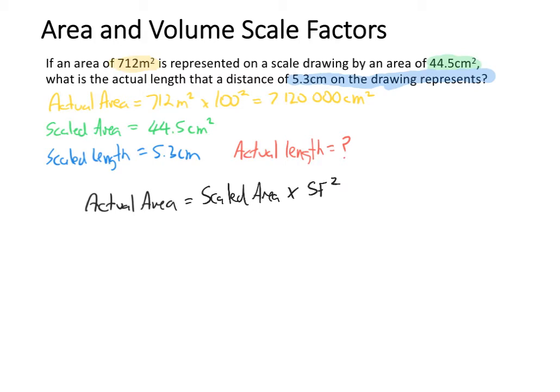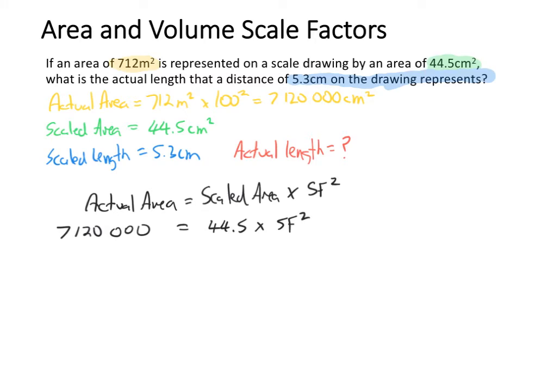So I can use that formula to work out what the scale factor is. First, I'm going to substitute in my known values. So actual area is 7,120,000, and that is going to equal 44.5 times the scale factor squared.